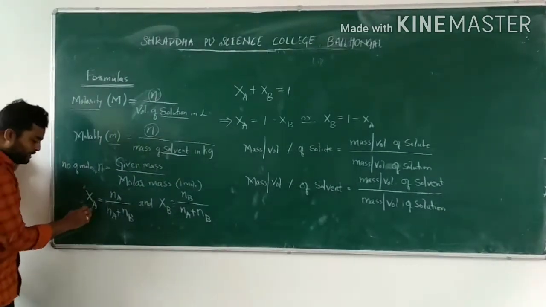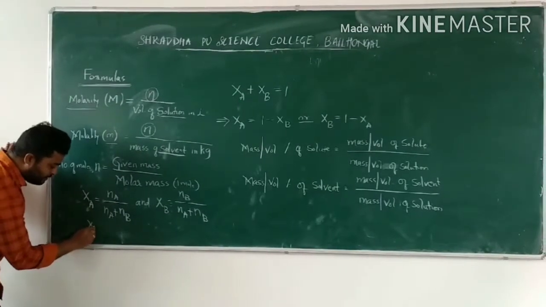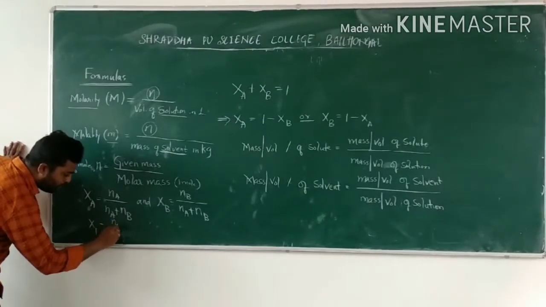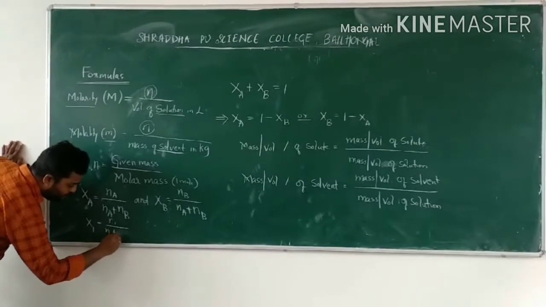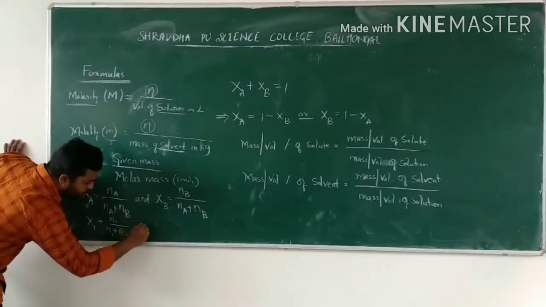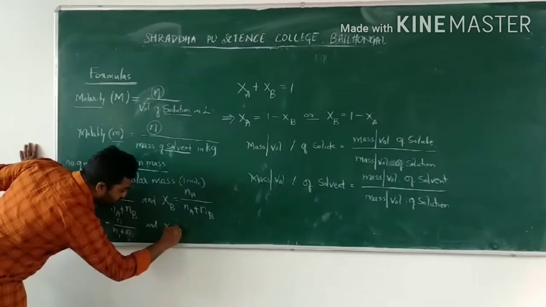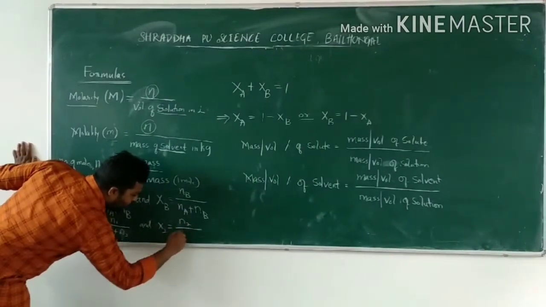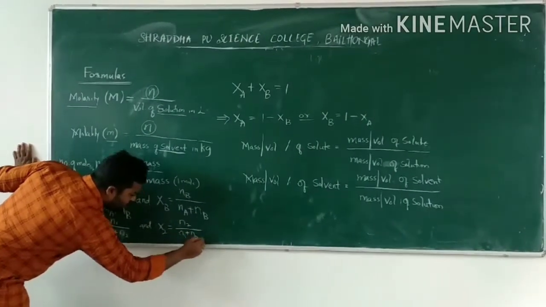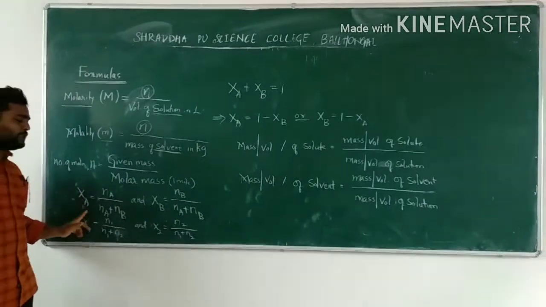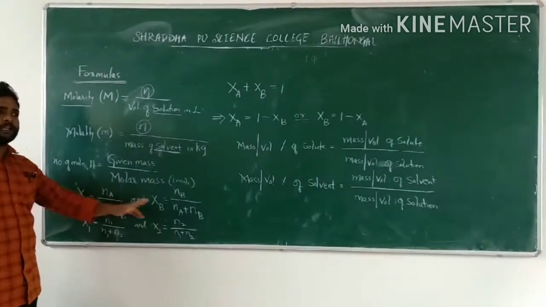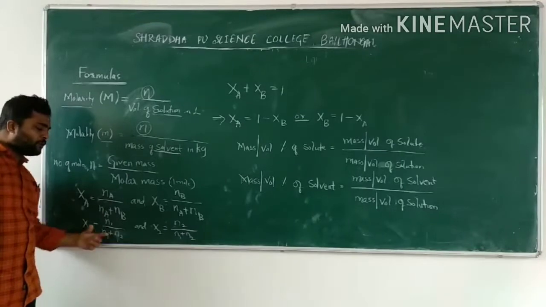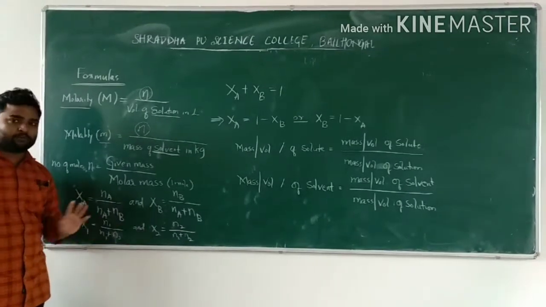In some books, instead of Xa, they give X1 is equal to N1 divided by N1 plus N2, and X2 is equal to N2 divided by N1 plus N2. Both are correct. If you are considering components A and B, then Xa and Xb will come. If you are considering component 1 and 2, then X1 and X2 will come into the picture.